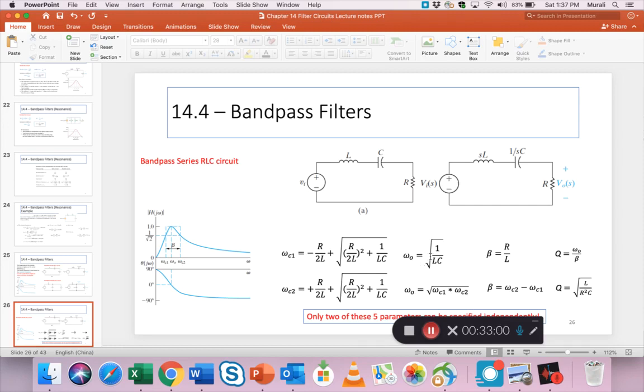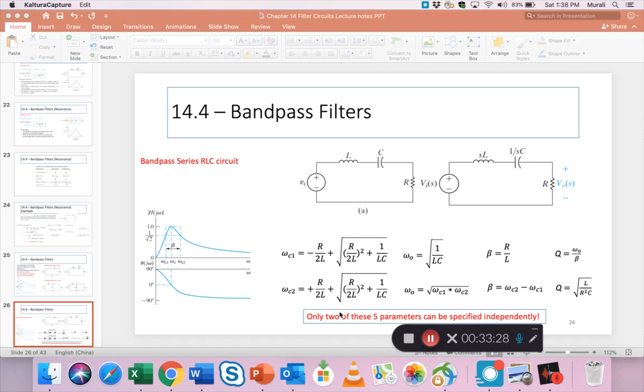But generally you start with omega 0, then you find beta, then you find omega C1 and C2, or omega 1 and omega 2, depending on the textbook. And then you find the Q. There are double formulas for many of these. Which one you use in a problem depends on the context.